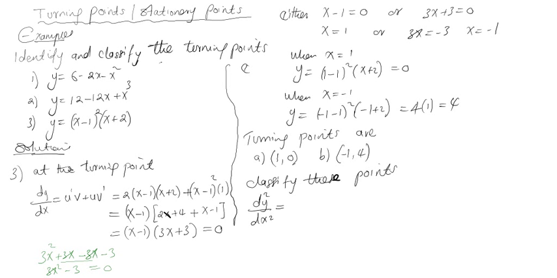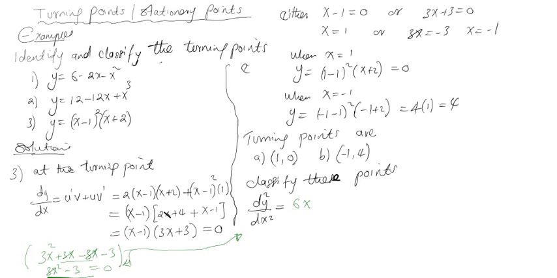So I'm dealing with a derivative which is 3x squared minus 3, and therefore the second derivative gives me 6x. It's the derivative of 3x squared minus 3.